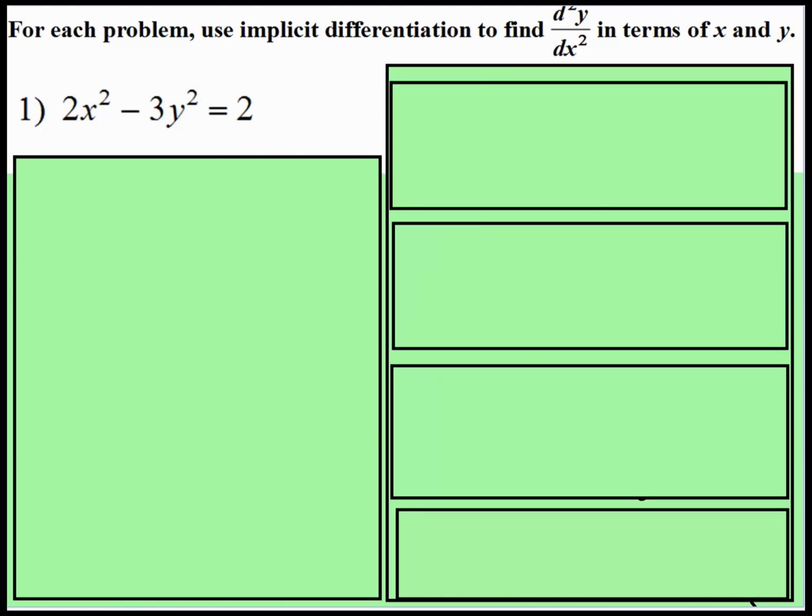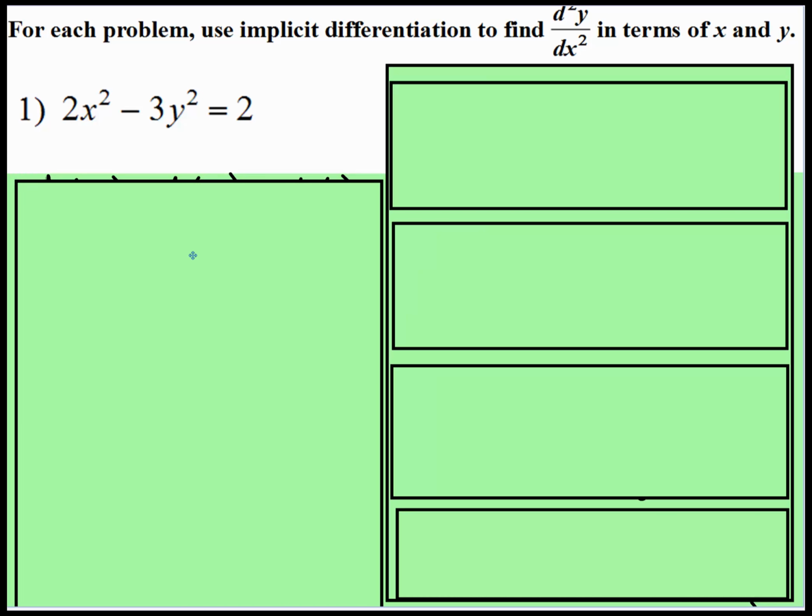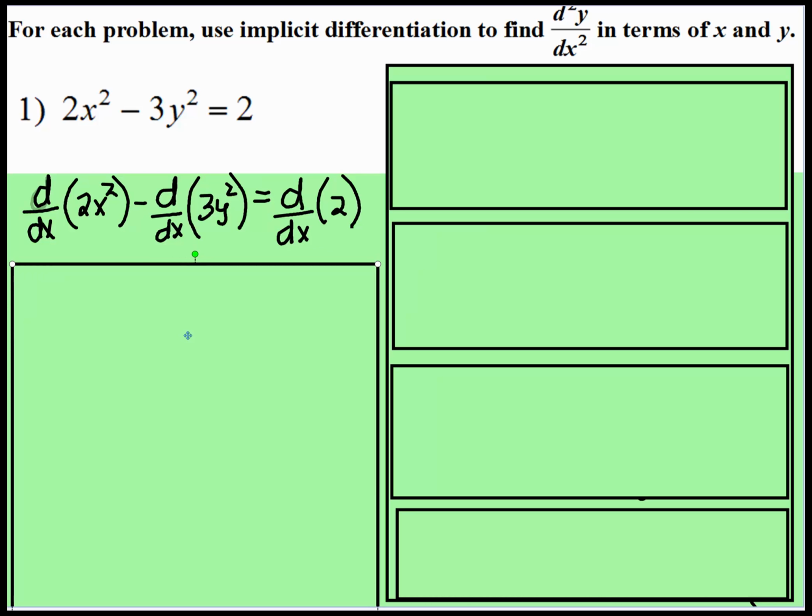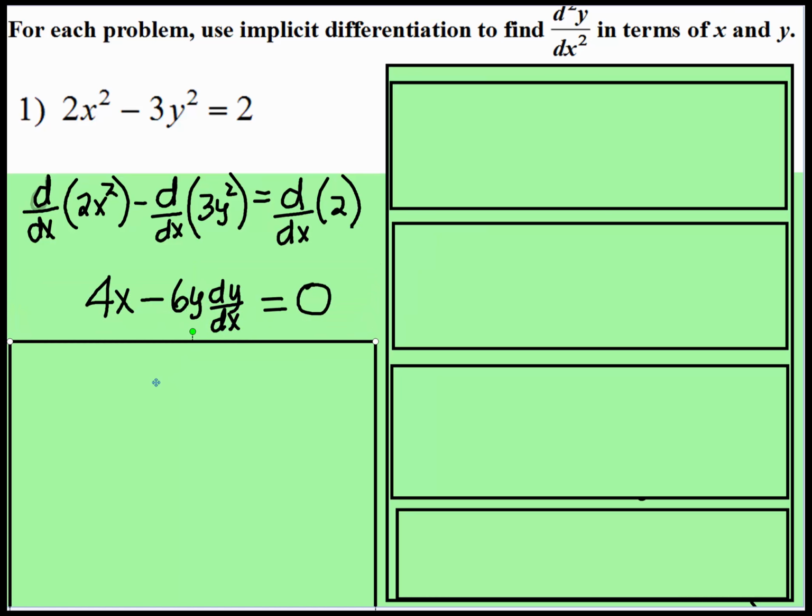Now we're going to be finding the second derivative on implicit differentiation problems, so non-functions. So remember, for the first derivative of implicit differentiation, you take the derivative, you tell the reader, hey, I'm going to take the derivative of each term, and when you're taking the derivative of a y term, you tack on the dy/dx.